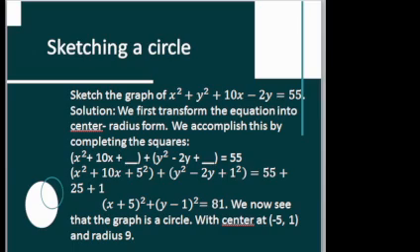We have -1 squared, that is +1. So we have x squared plus 10x plus 5 squared plus y squared minus 2y plus 1 squared equals 55.